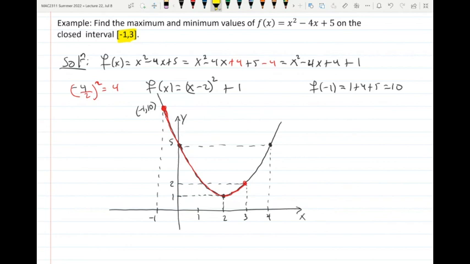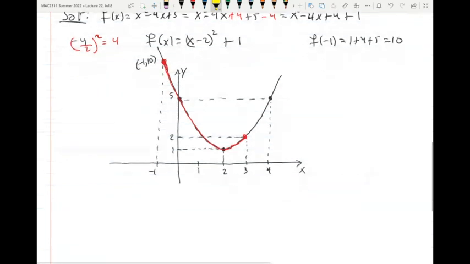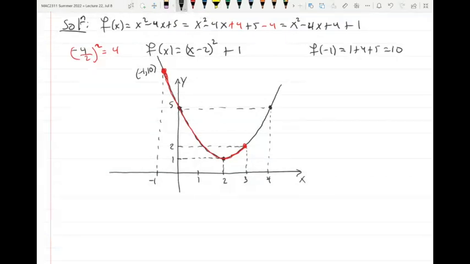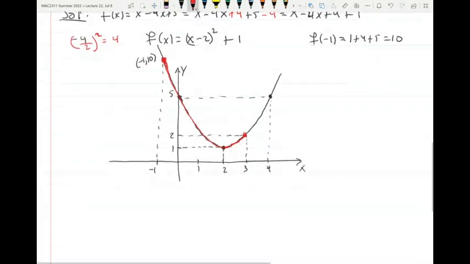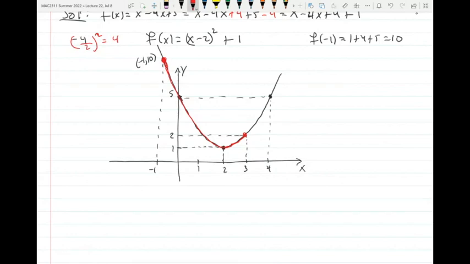So on this closed interval, we do see an absolute maximum, and we also see an absolute minimum. So we can say that the maximum of f on the interval [-1, 3] is attained at negative 1, and it is the value of the function at negative 1, which is equal to 10.